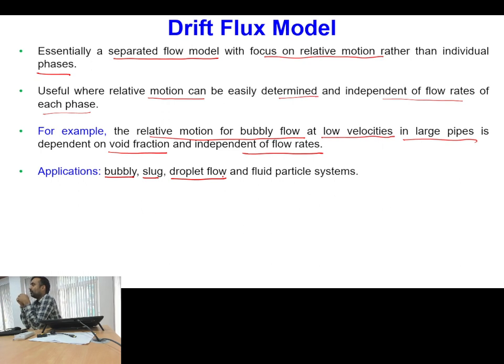After that input of air, how the bubbles are oriented within the pipe and how they move relative to the water is what gives you some idea of the void fraction, rather than the value of the input flow rate supplied at the inlet. These scenarios occur when the void fraction is actually low within the system. That is typically bubbly, slug and droplet flow.